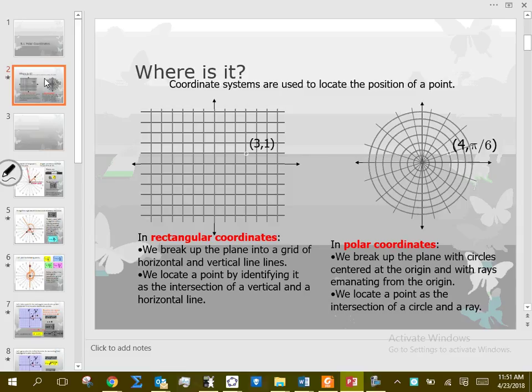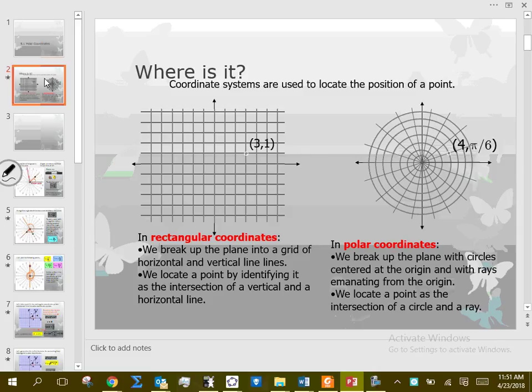To rehash, in rectangular coordinates, we break up the plane into a grid of horizontal and vertical lines. We'll locate a point by defining the intersection of a vertical and horizontal line. In polar coordinates, we break the plane up into circles. It's the exact same plane, but we break it up into circles and then rays emanating from those circles.